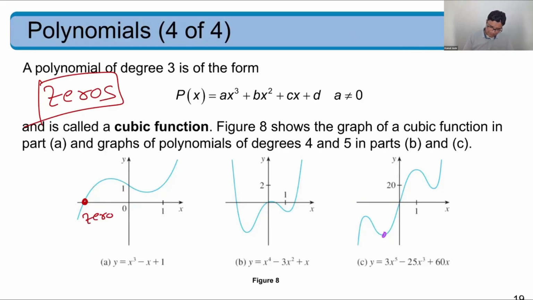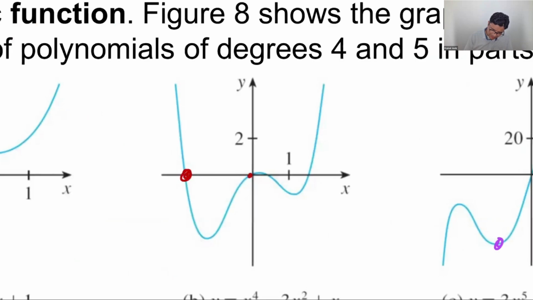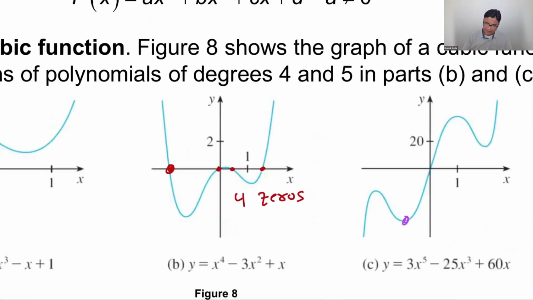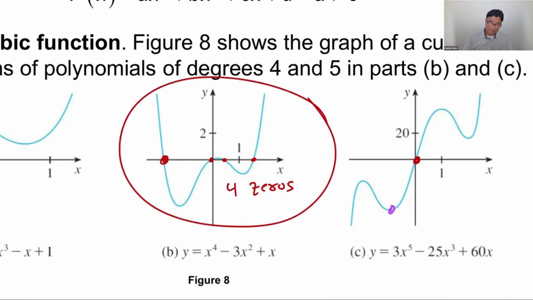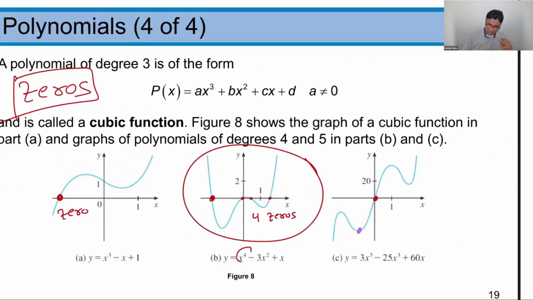Whereas here, if you zoom in, you will see that it intersects here and here also, and again here. So there are 4 zeros here in total. And in this case, there happens to be only 1 zero. And the one that you see in the middle here actually has the maximum possible number of zeros, because the degree of that polynomial is 4. It will have at most 4 zeros.